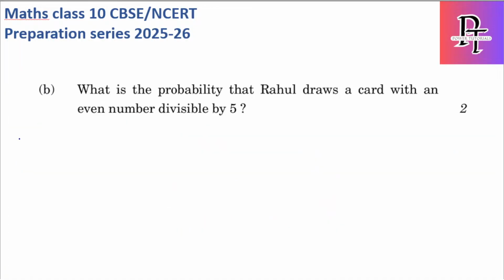Let's move to the 9th question, or 8 optional B. So that's why I haven't mentioned a question number. What is the probability that Rahul draws a card with an even number divisible by 5 from 10 to 74? The question is very easy, because the only numbers which are divisible by 2 and 5 are multiples of 10.